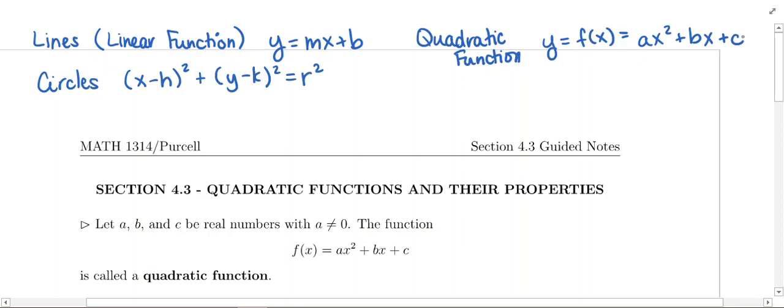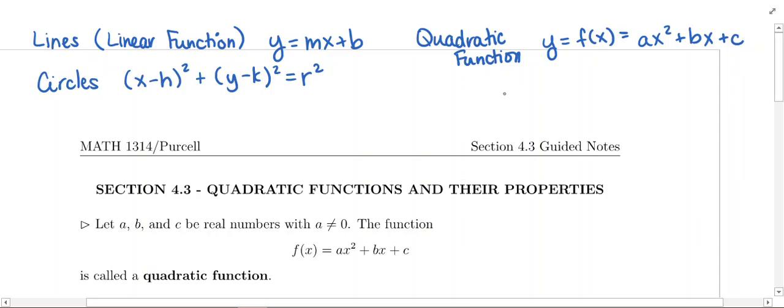How do you recognize a quadratic equation? How do you separate it from all these other equations that you have to know? You can recognize it because the highest power of x, or whatever variable you're using, is going to be the second power. That is indicative that you're dealing with a quadratic function.